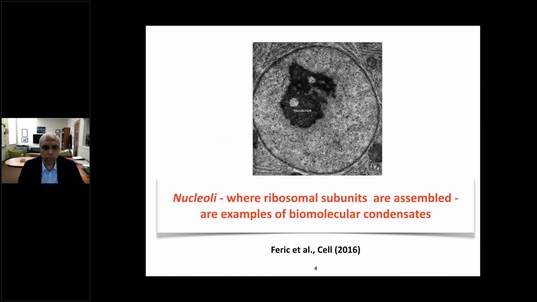An example of a biomolecular condensate would be a nucleolus where ribosomal subunits are actually assembled. So the sites for ribosomal biogenesis are the nucleoli. They are gigantic organelles inside the nuclei. And these would be examples of what Cliff Brangman would refer to as multiphasic coexisting liquid-like condensates.